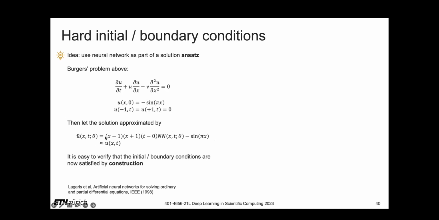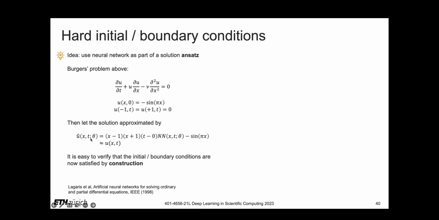We call this expression an ansatz, and we say it's approximately equal to the solution. The clever trick is that we can pick these expressions such that the boundary conditions are always obeyed. So for example, we take the neural network, multiply it by t minus 1, x plus 1, x minus 1, and then subtract sine pi x from all of this.